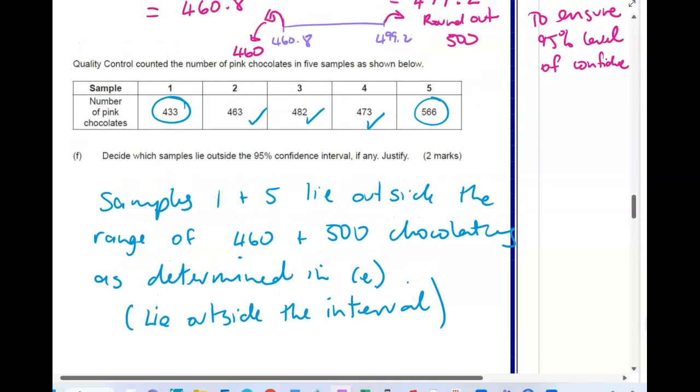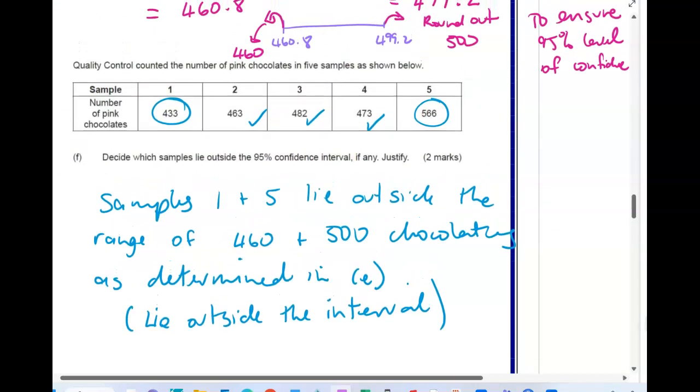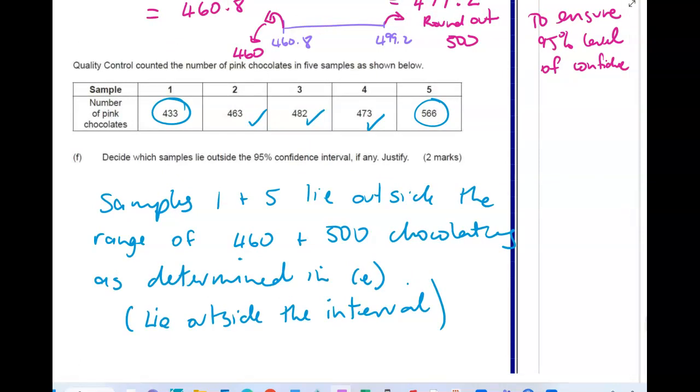I don't know. The fact that one's lower and one's higher might negate that idea, but you would have thought that given what we've suggested, 2 out of 5, that's not much. But anyway, just a thought, just something to think about. Not that they've asked you to do anything with that.